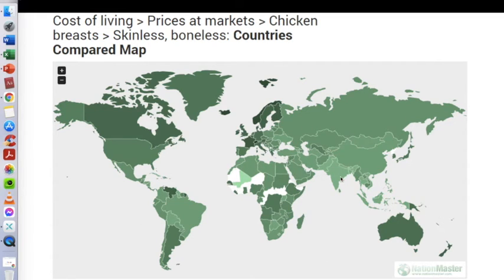You can see poorer countries like India are a little cheaper, but down here in sub-Saharan Africa, which is poorer than China, for example, it's actually more expensive. And so the price and the national income or the national capacity to purchase that good don't necessarily relate, right?